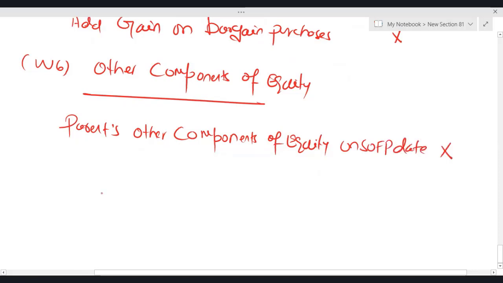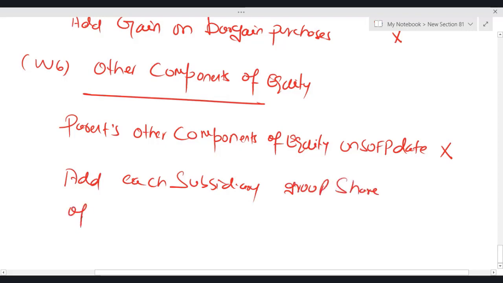Then simply add the group's share of the post acquisition other component of equity of each subsidiary.